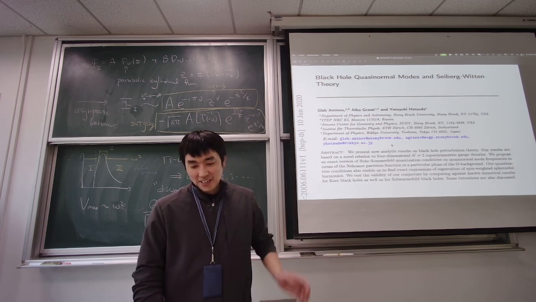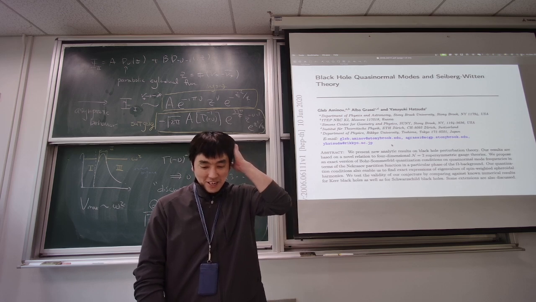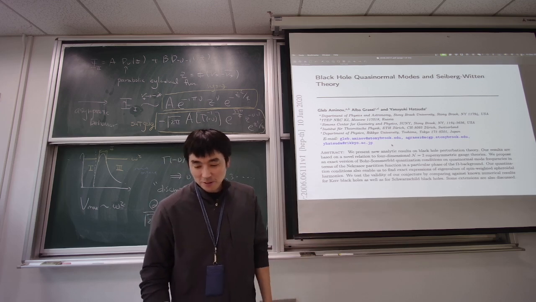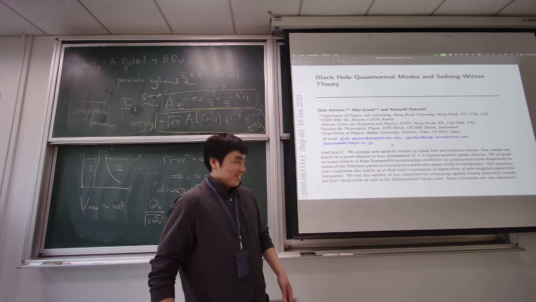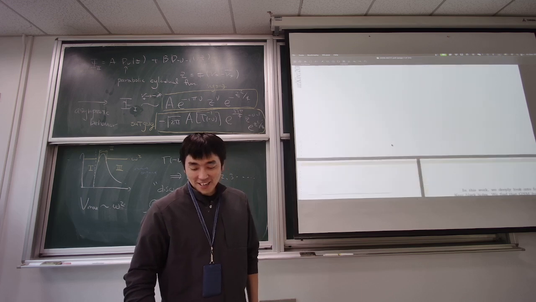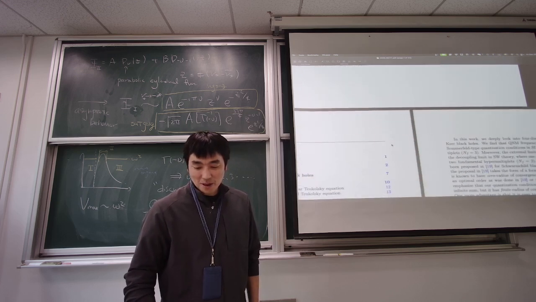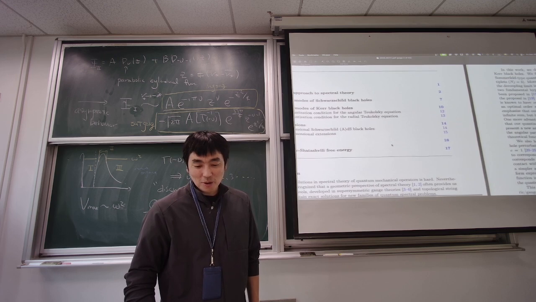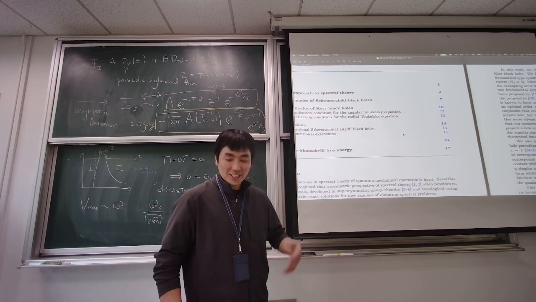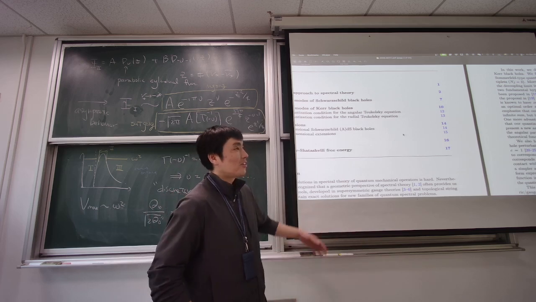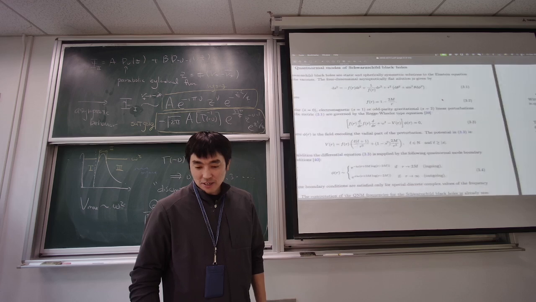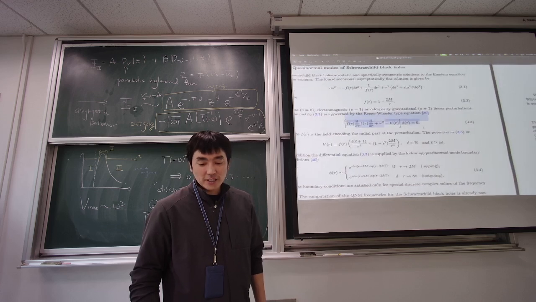There is a paper by Aminov, Grassi, Hatsuda. There is some Bohr-Sommerfeld quantization method that has been used in superstring gauge theory. And then the superstring gauge theory method can be applied to this quasi-normal mode, because the equation that appears in superstring gauge theory is exactly the same as this Regge-Wheeler and then Zerilli type equation.